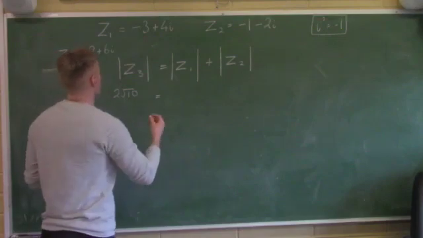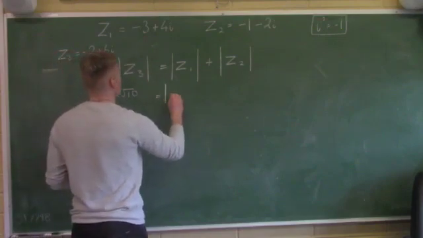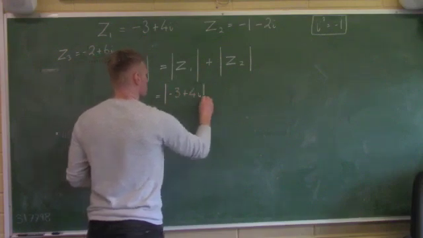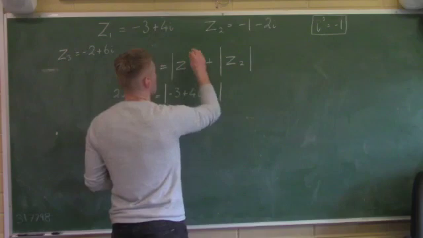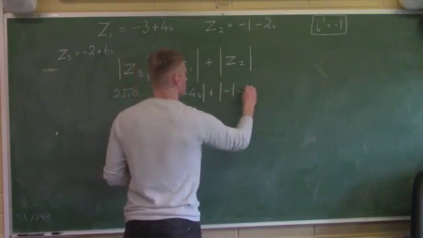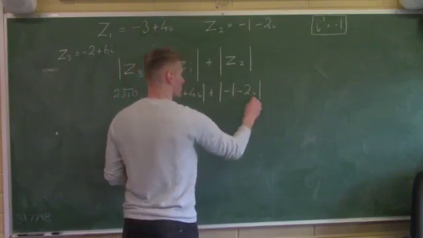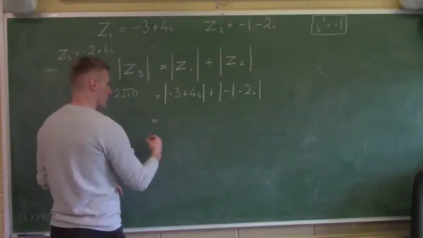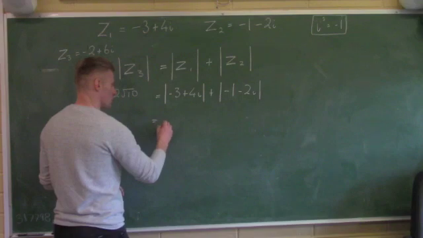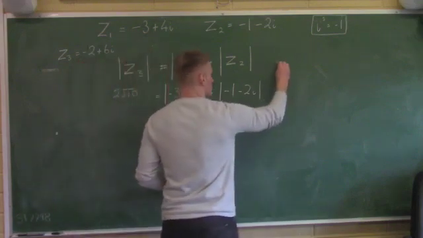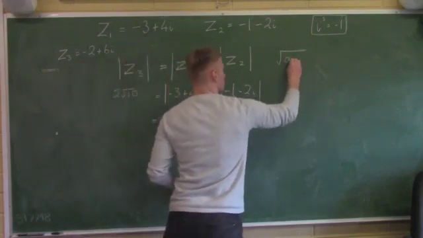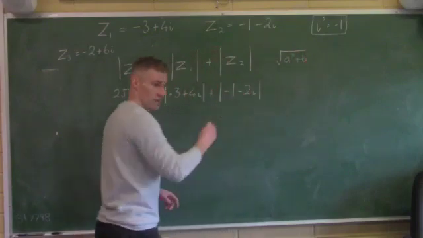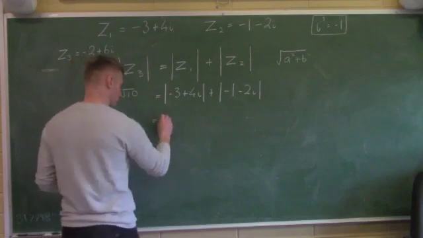And we're going to work out the modulus of minus 3 plus 4i plus the modulus of minus 1 minus 2i. So I get marks for substituting correctly. Next step is my formula, which I'm just going to do over here. I'm running out of space. Square root of a squared plus b squared. We've used that already in the previous part.